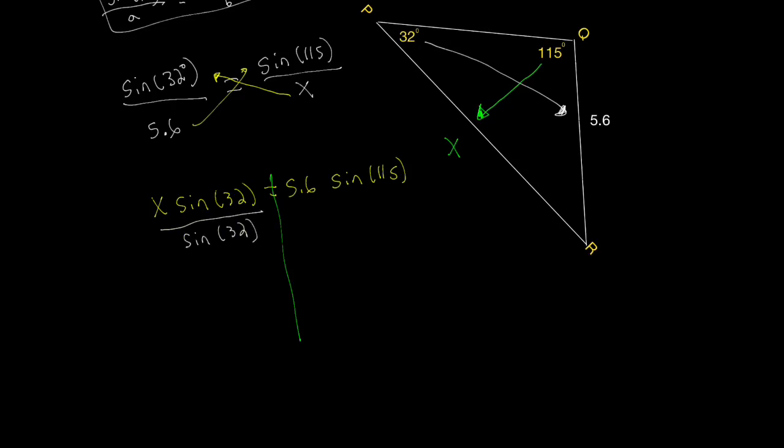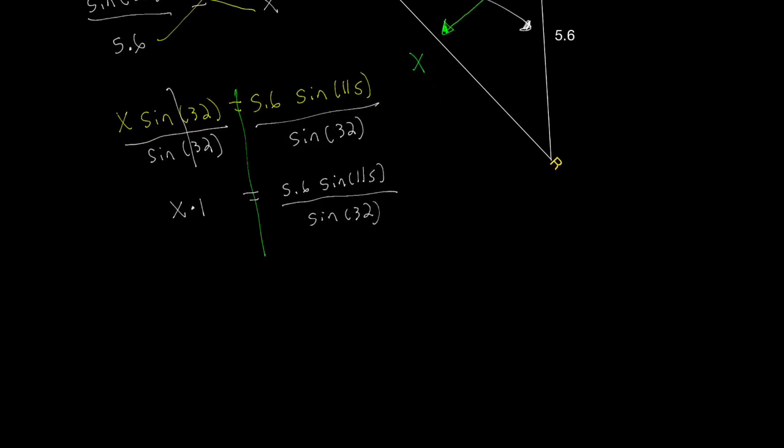And whatever I do on one side, I have to do to the other. So the other side is going to get divided by sine of 32 as well. On the left hand side, sine of 32 over sine of 32, that's just 1. So we get x multiplied by 1. And on the right hand side, we get this 5.6 sine of 115 all over sine of 32.